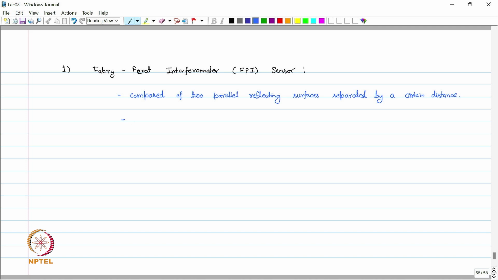And the interference occurs due to the multiple superpositions of both reflected and transmitted beams.